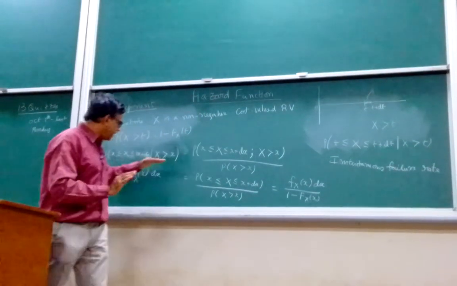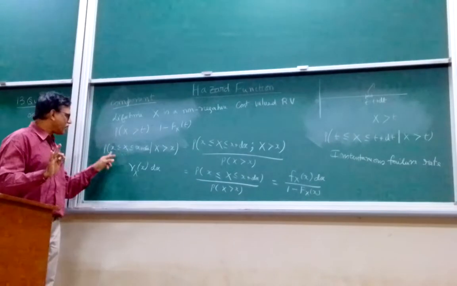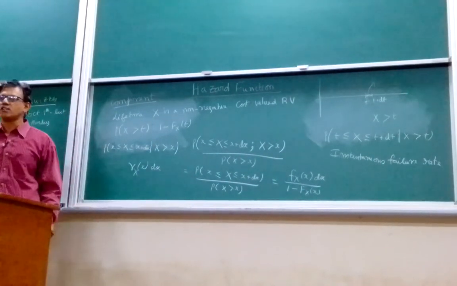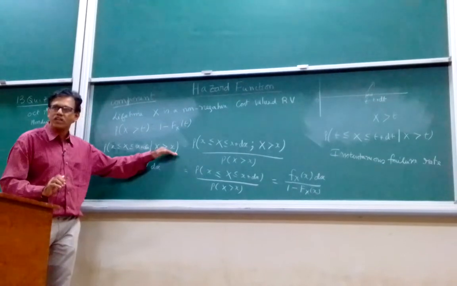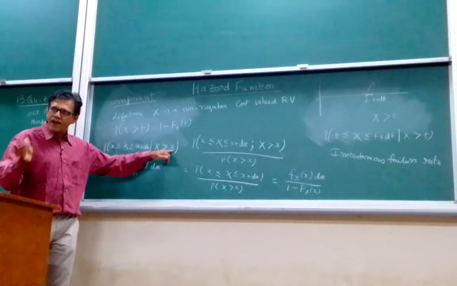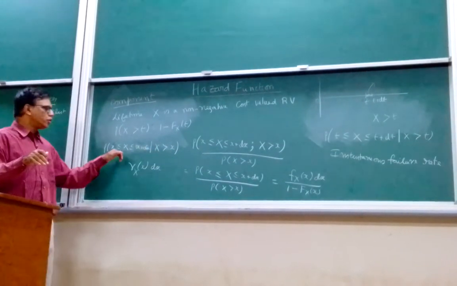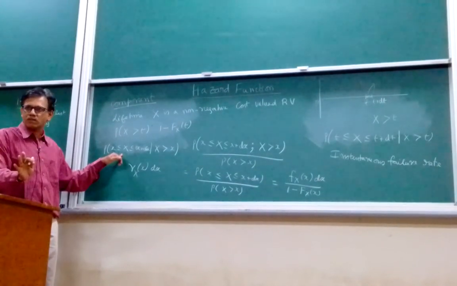Here again it is the same probability that X lies between x and x plus dx given this condition. But this condition is a little special because it is always that X is greater than x. If you observe a component till time x and find that X is greater than x, with that condition you recompute the density. So it is just the conditional density.